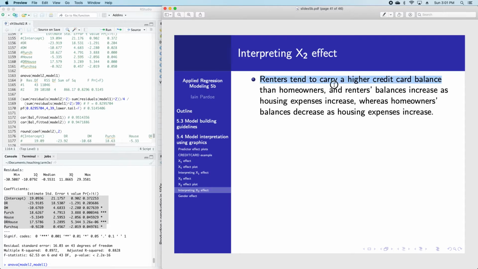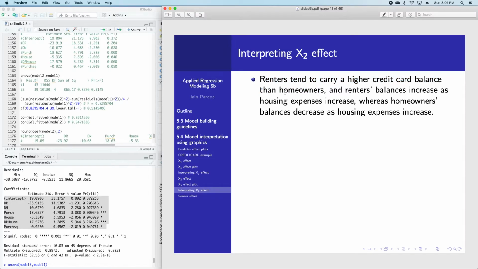At this point you might wonder, well, why? How could this be the case? It's easy to imagine that renters might carry a higher credit card balance than homeowners.